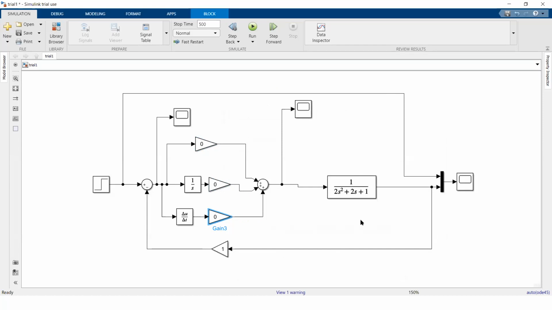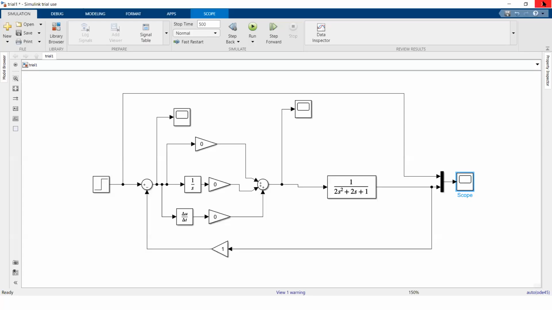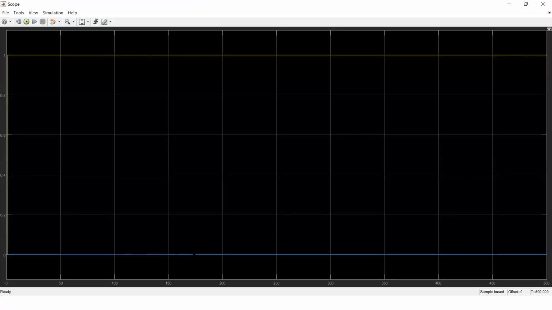GC of S is this whole thing, and this is GC of S multiplied by G of S. So 0 multiplied by this will give you 0 only. I didn't run the program. You get 0. See, this is the output at 0.